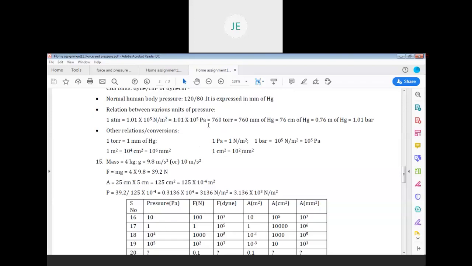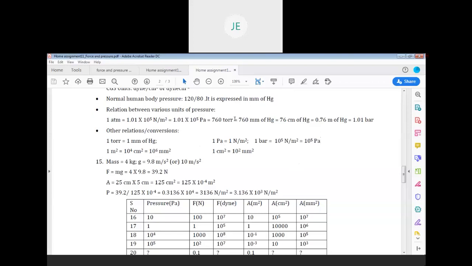So that is why we can write it as 1.01 into 10 power 5 Pascal, and 760 torr is also equal to 1 atm. 1 torr is nothing but 1 mm of Hg. So 760 torr is equal to 760 mm of Hg, or 76 centimeter of Hg, or 0.76 meter of Hg, and it is also called 1.01 bar. Actually 10 power 5 Newton per meter square is nothing but 1 bar. 1 bar is equal to 10 power 5 Newton per meter square, or 10 power 5 Pascal.